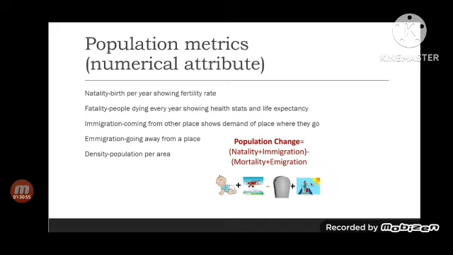STDs are also common, because children in early marriages don't have proper knowledge of the organs. Early marriage also blocks the career of the couple.